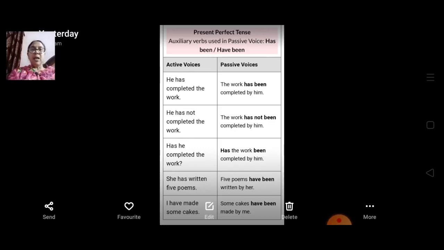The work has been completed by him. So that is how we can change active to passive voice in the present tense. So now let's start our exercises.